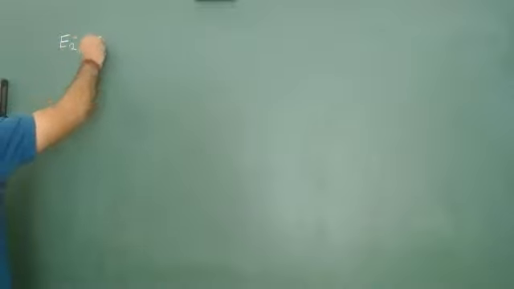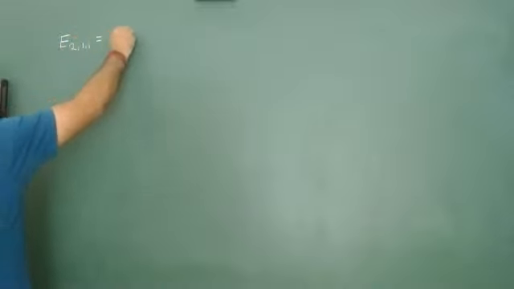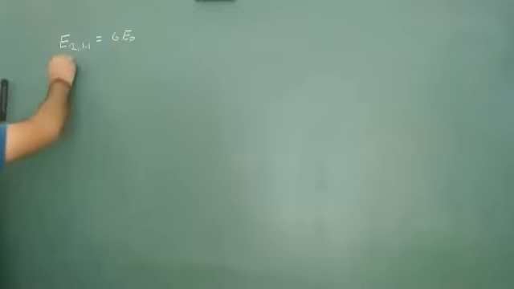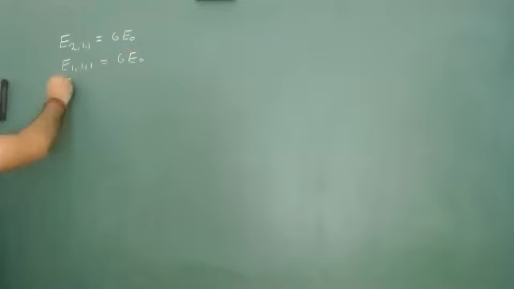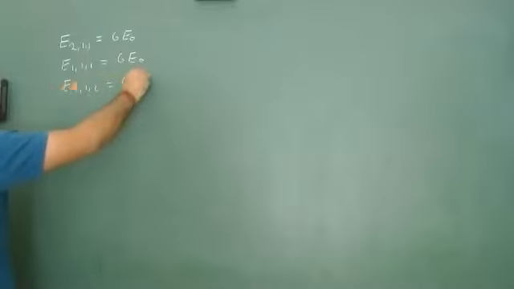Now, let's go for the first excited state. So what is your first excited state? You can have E211, that will be 6 E naught. E121, that is also 6 E naught. E112, that is also 6 E naught.